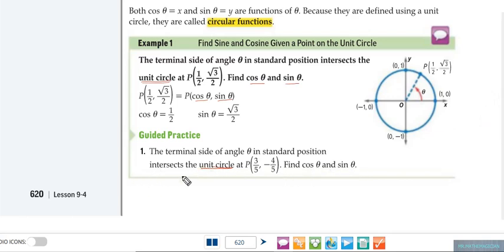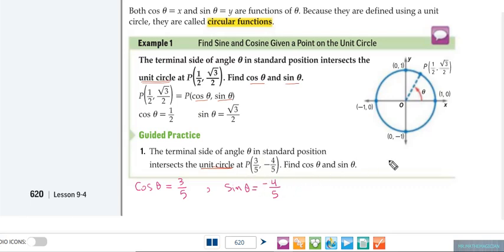Since it's a unit circle, cosine theta is the x coordinate, which is 3 over 5. Sine theta is the y coordinate, which is negative 4 over 5.